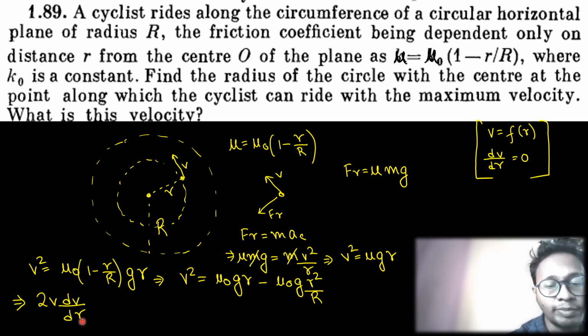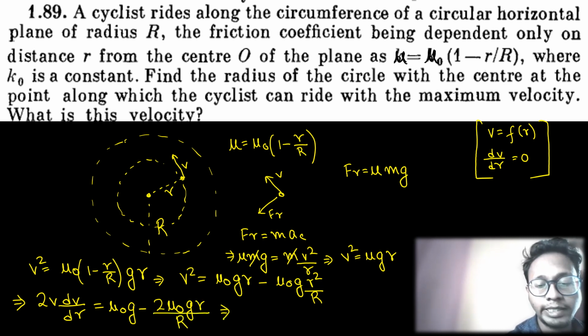So 2v dv by dr should be equal to mu naught g minus 2 mu naught g r by capital R.